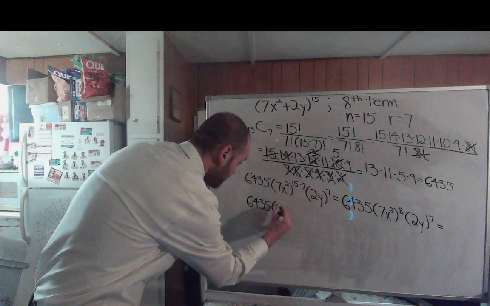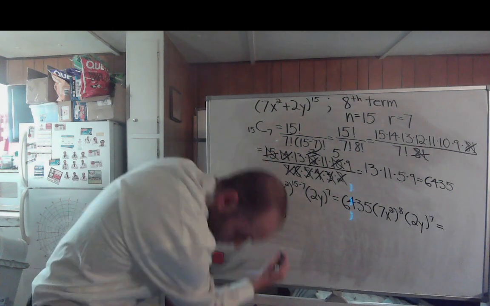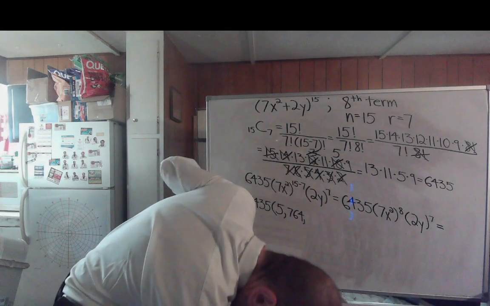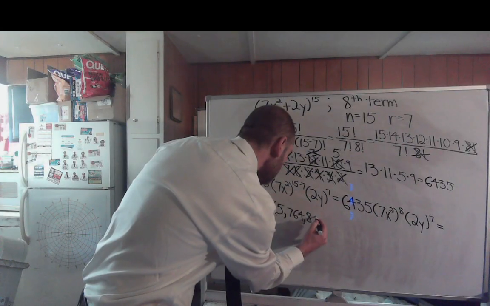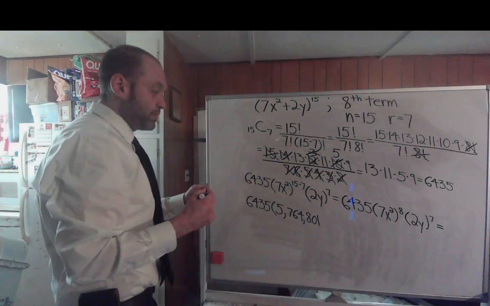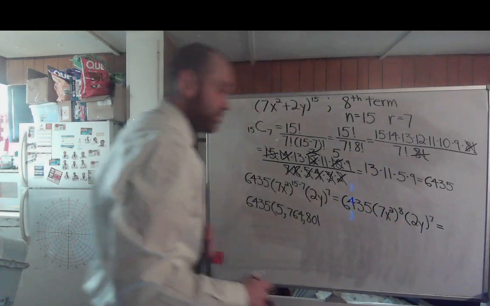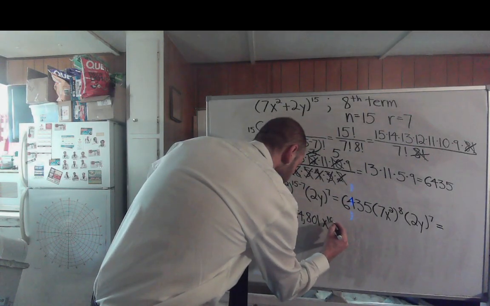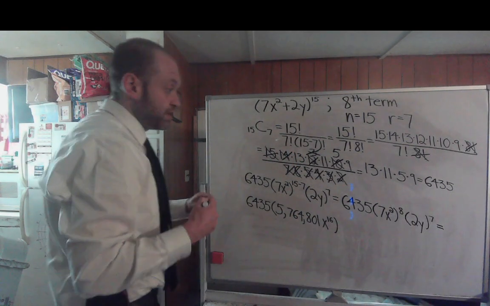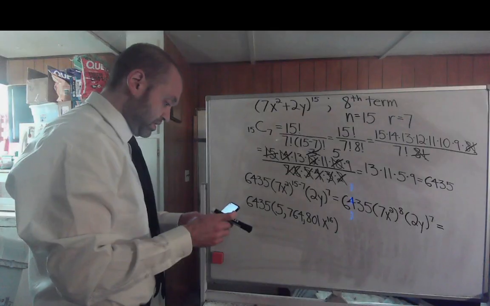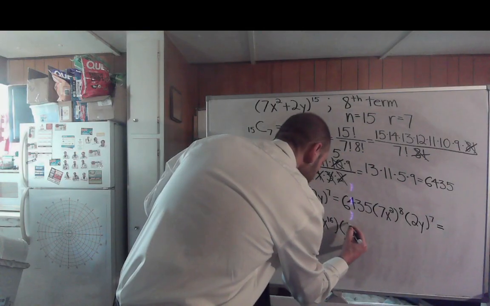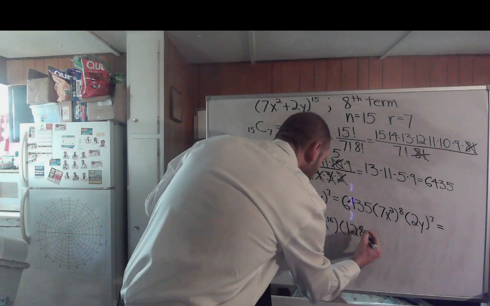That gives you 5,764,801. And then if we take x to the second to the 8th power, you just multiply the exponents. That would be x to the 16th. And then we need to take 2y to the 7th. That's just 128, so you would have times 128 y to the 7th.